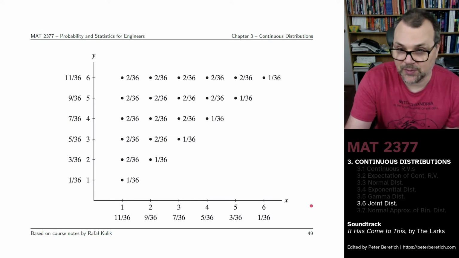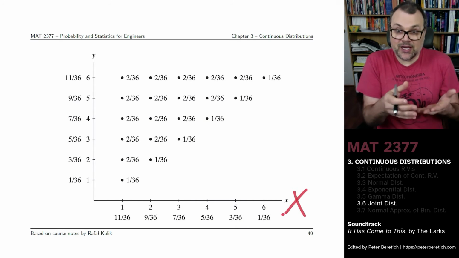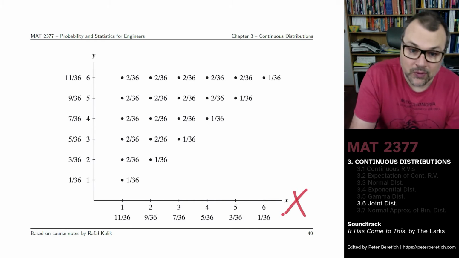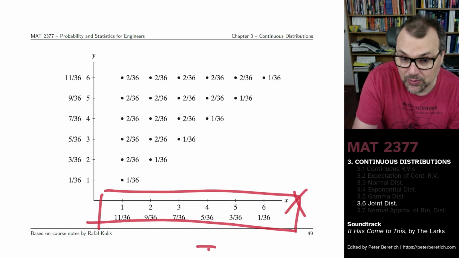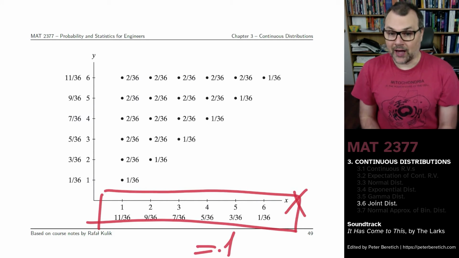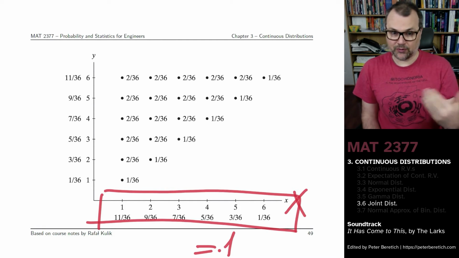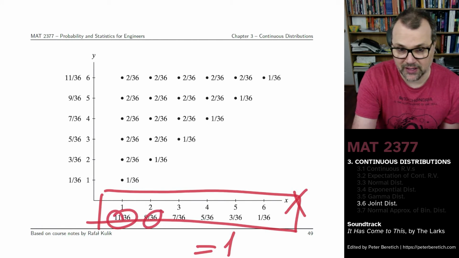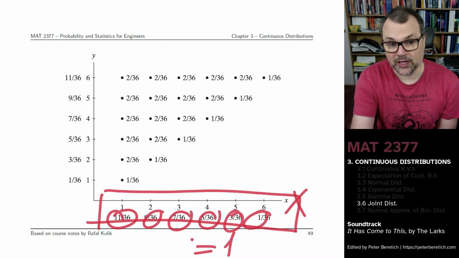If you have this as being x, x typically is given in relation to y, but x can be given alone as well. And so the value of all of these things here, when you add them up, that should be equal to 1. Because your x can take on the value 1, it can take on 2, 3, 4, 5, 6 with different probability. These are the probabilities for each of these potential values. When you add them up, you will get 1.